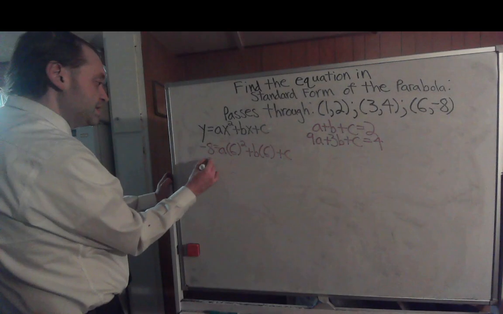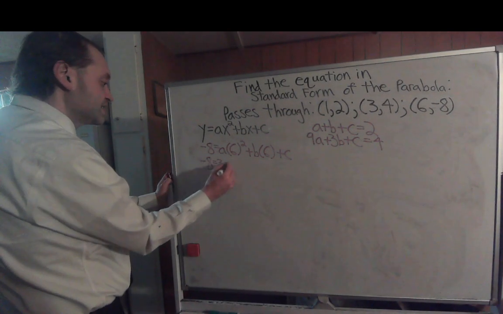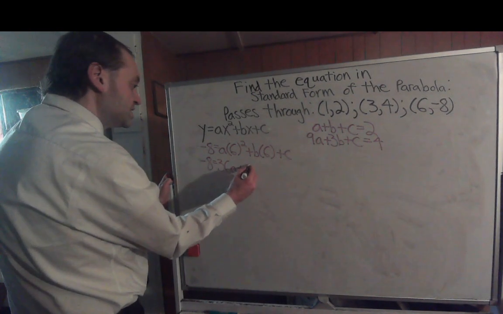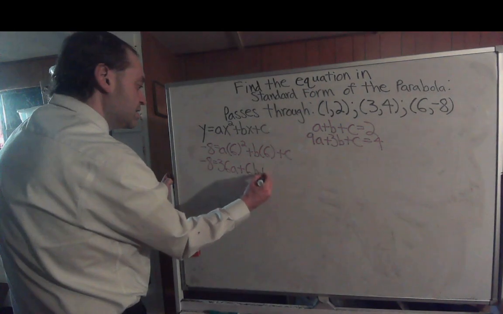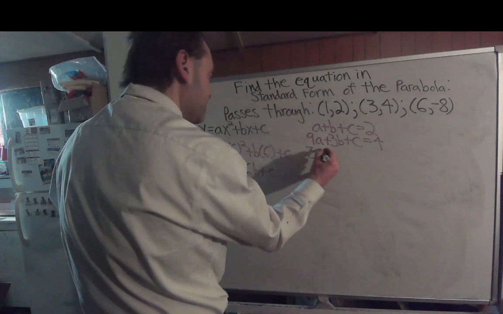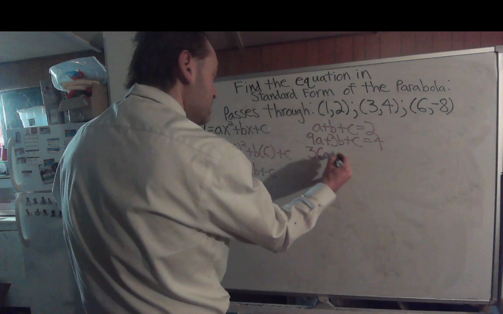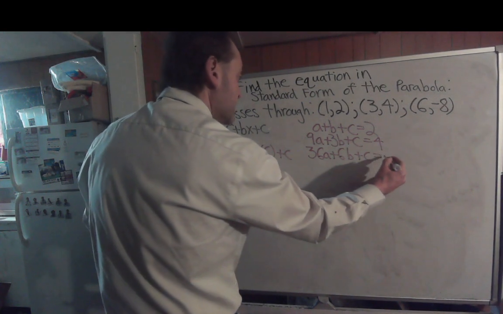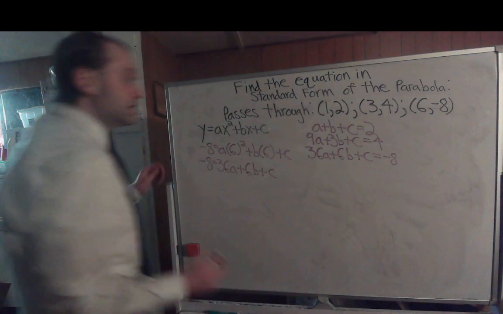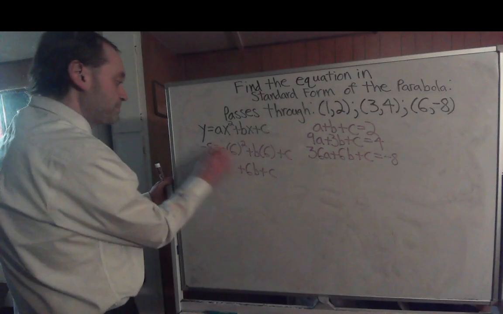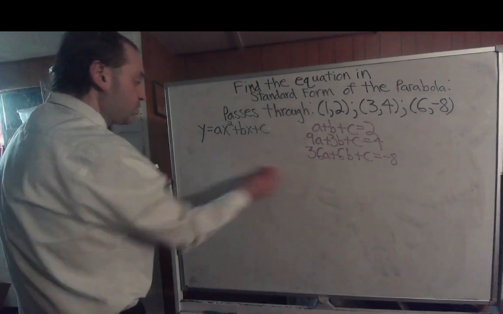So this would become -8 equals 36a plus 6b plus c. So you would end up literally getting 36a plus 6b plus c is equal to -8. So there are your system of three equations we need to solve.